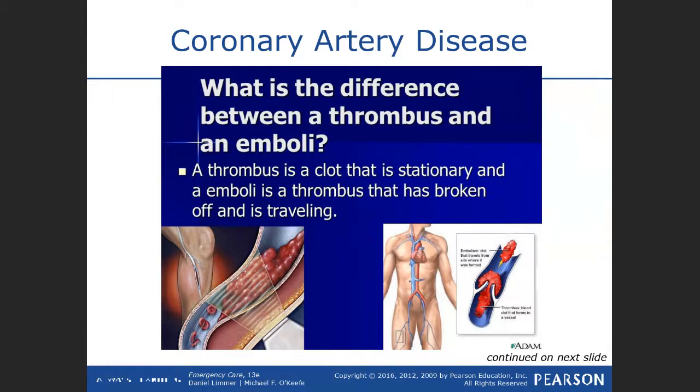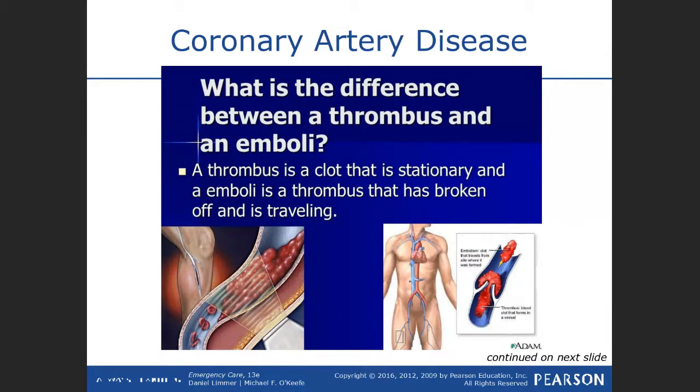So, for example, not all chest pains are cardiac. A blood clot can form in the lower extremities, in the legs, something called a deep venous thrombosis. And it can break off and travel and lodge in the lungs.